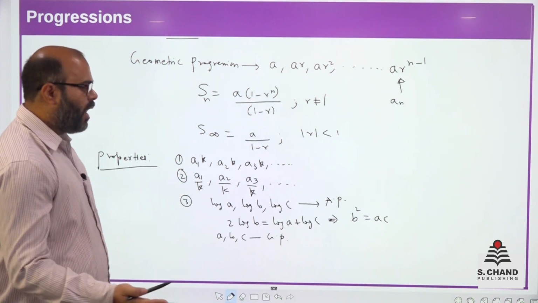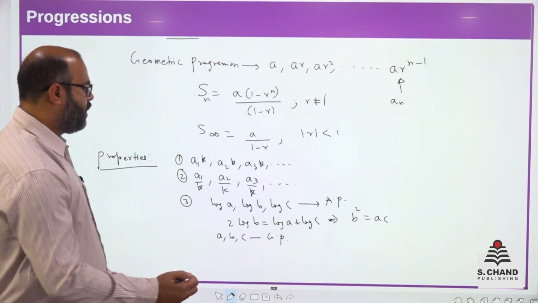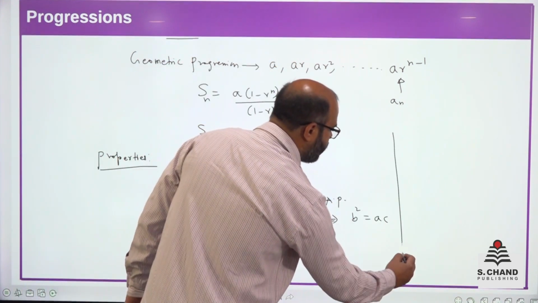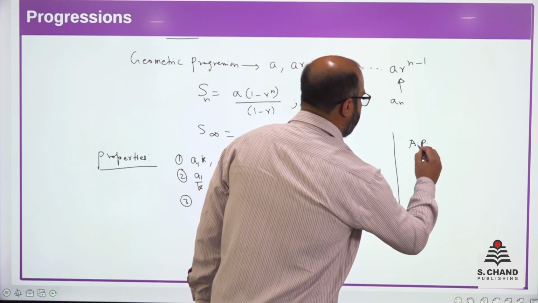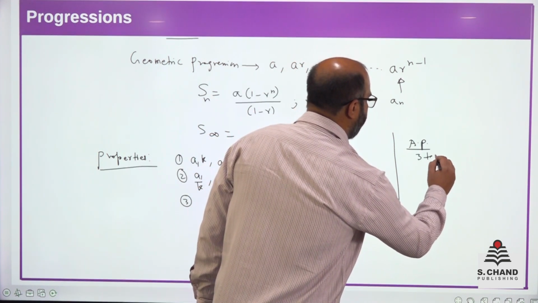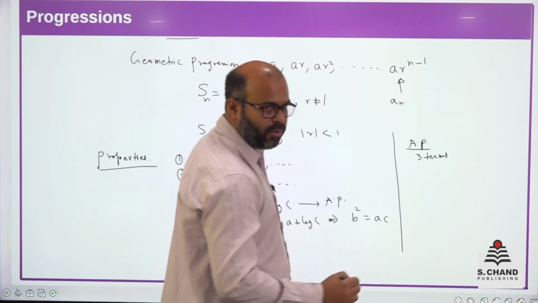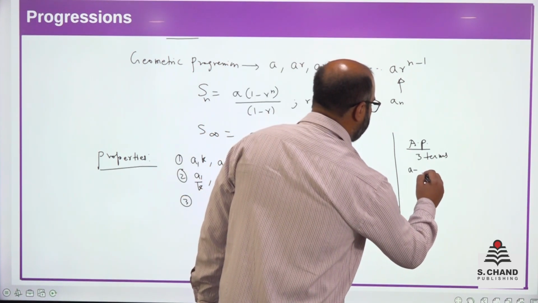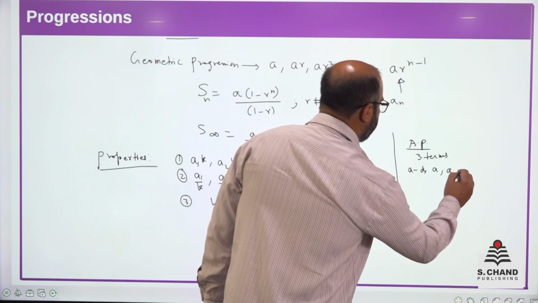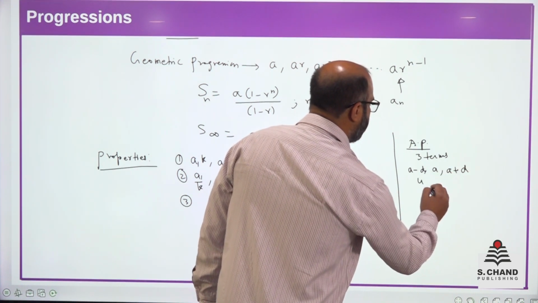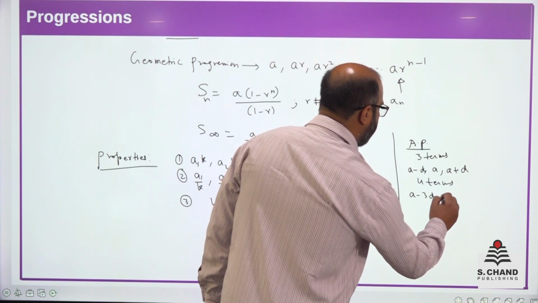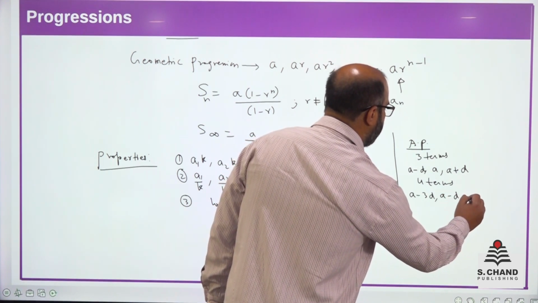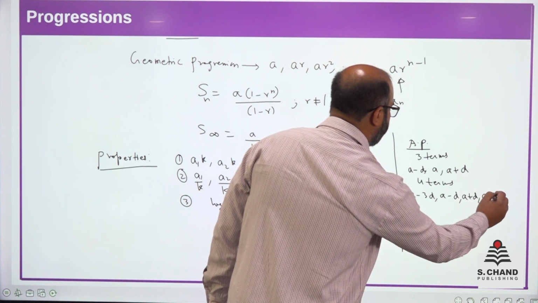Next, we also have to know, this is an extra point which I am giving you: in arithmetic progression, if there are 3 terms in AP, we generally take, for ease of calculation, A minus D, A, A plus D. If 4 terms are there, we take A minus 3D, A minus D, A plus D, A plus 3D.